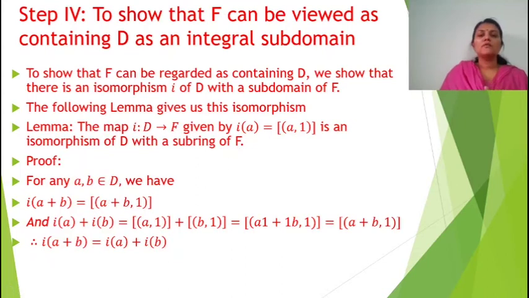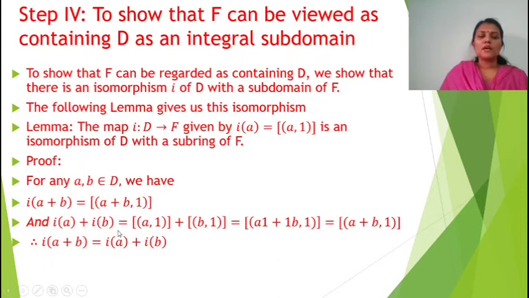For that we have to show that the structure properties hold. The homomorphism properties with respect to addition and multiplication hold. For that, take two elements a, b. So i(a+b) = (a+b, 1) by the definition of class.